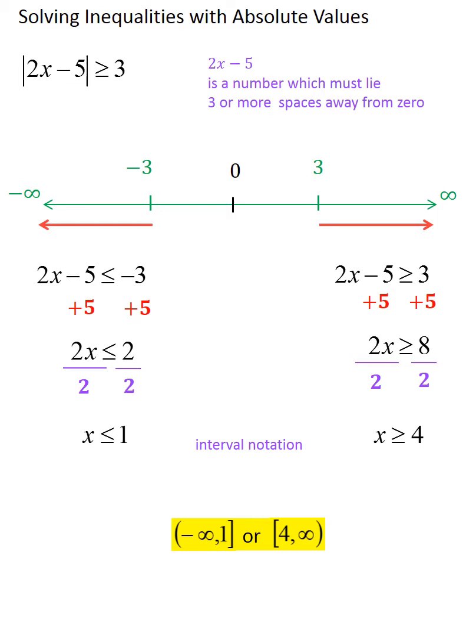And while that wouldn't be wrong, it is traditional, instead of the word "or," to use the mathematical symbol for or, also known as the union symbol. And that one thing in the yellow box is the most proper way to answer this question.